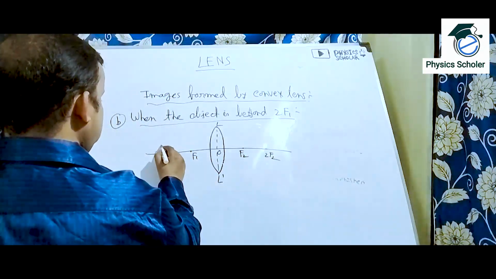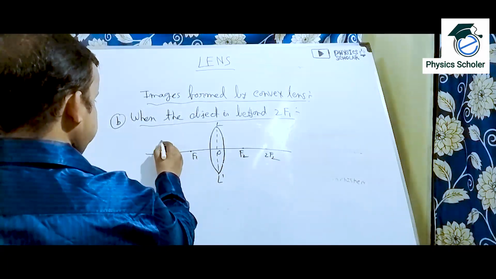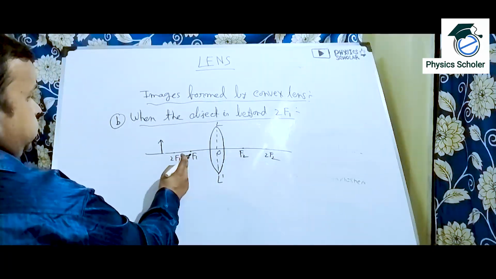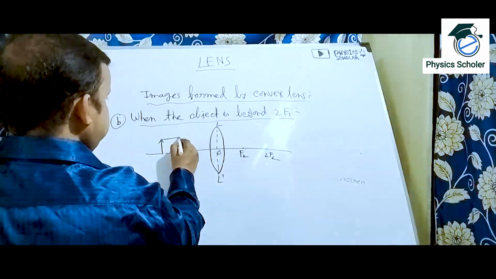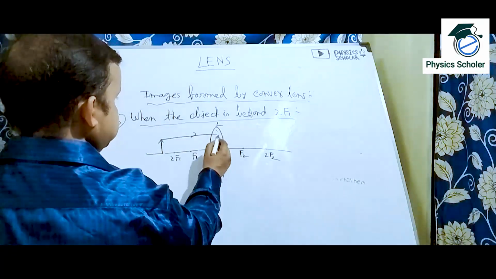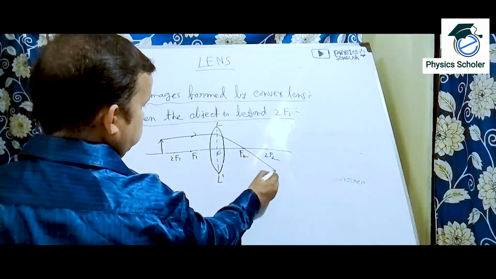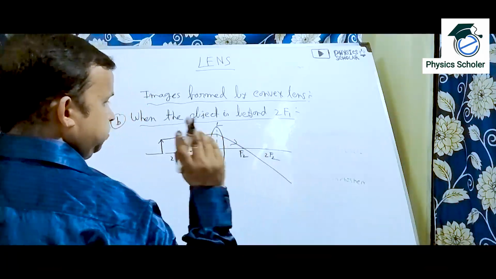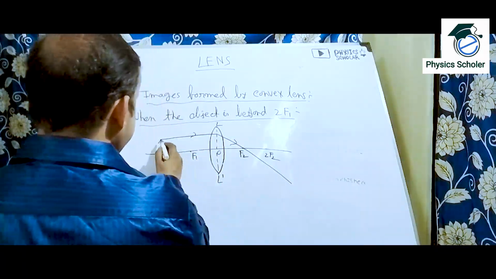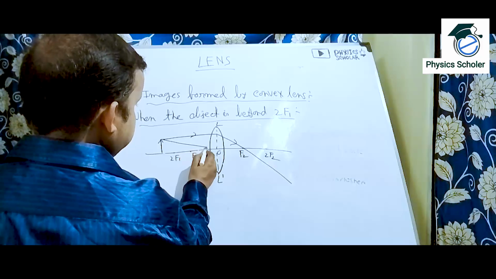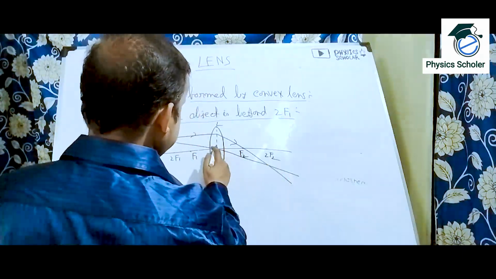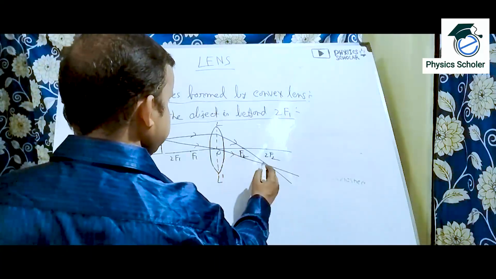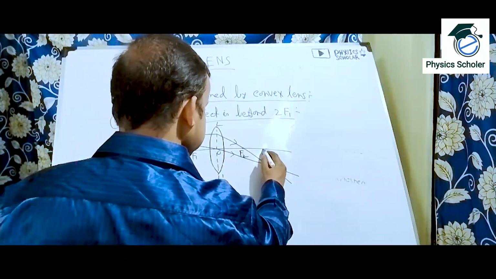So the object is beyond double focal length, that means at one side of the lens. A ray of light parallel to the principal axis, after getting refracted, will move to the principal focus. Clear? And another ray of light passes through the optical center, refracting along the same path.